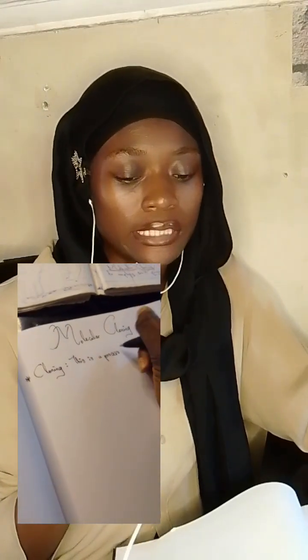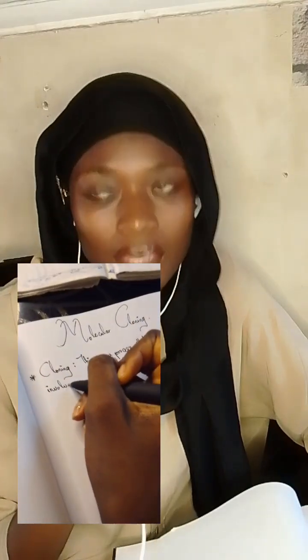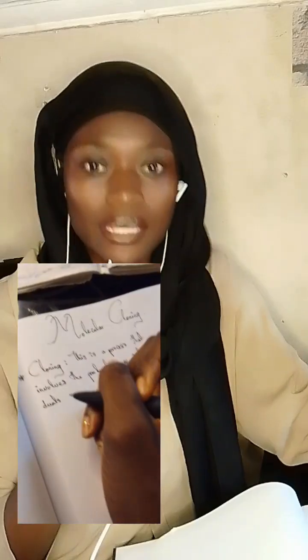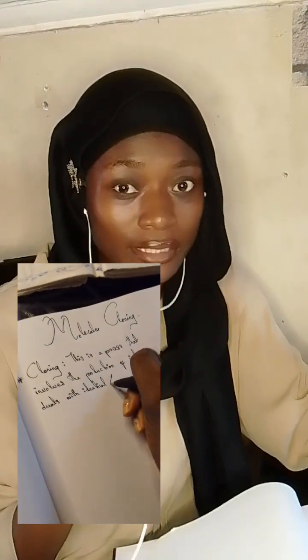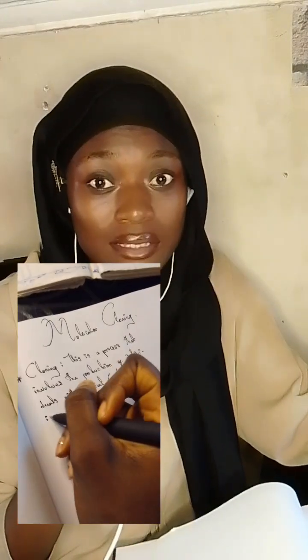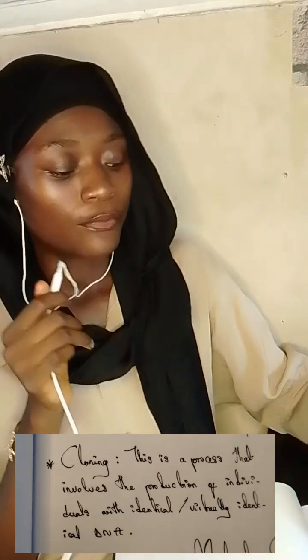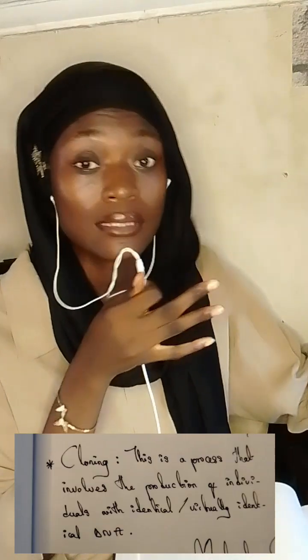Cloning is simply the process whereby organisms with identical or virtually identical DNA are created or produced. So it means you have, for example, one person, one organism, one thing, and then you want to make something else that's extremely identical, if not the same as the first one. So basically, they have the same DNA.